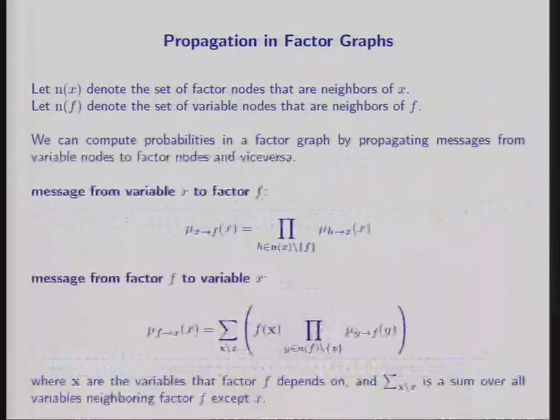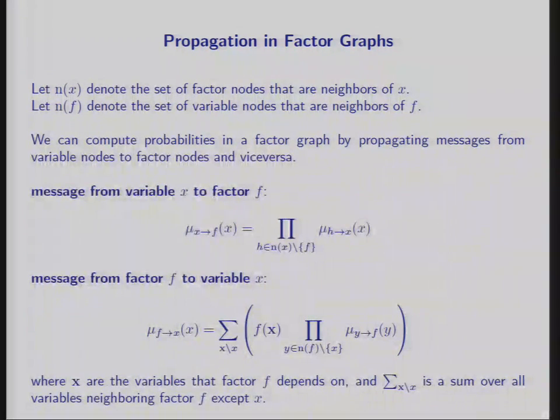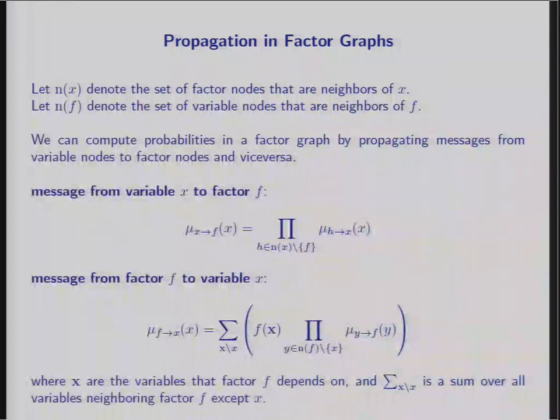So that's a factor graph. And now we're going to think about how to implement inference in a factor graph, how to implement the sum and product rule if you have a factor graph for your data, for your model. Okay, so here's some notation. Let n of x denote the set of factor nodes that are connected to variable x.